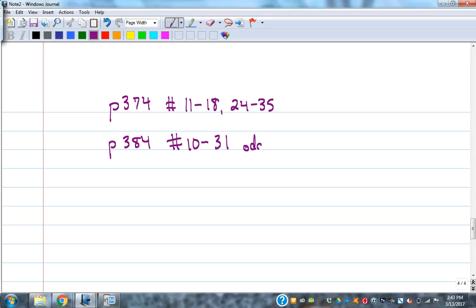And we'll just do odds on that page. And we'll just leave the other page on. So we'll do all of that, because these get into multiplying out the really long ones on 384.